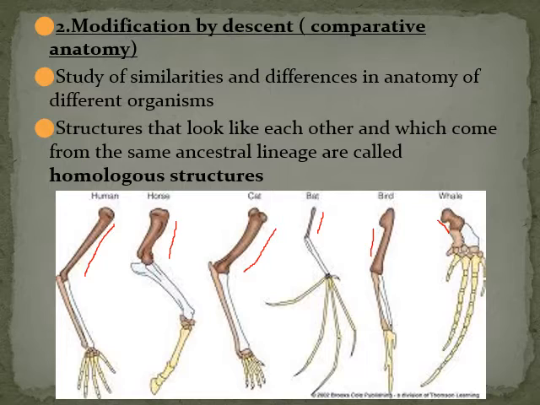A great, very contrasting example would be to look at the human's humerus and see its shape, its overall width and its location in the arm. If you compare that to the whale, the whale's humerus is much smaller, it's reduced in size, but it's still present.